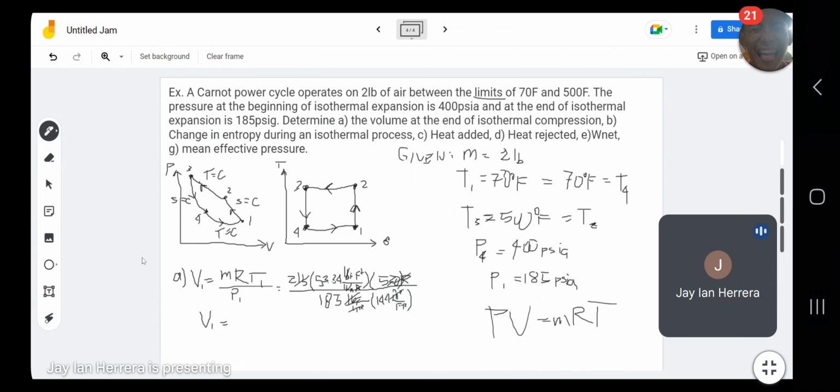Okay, so paki-complete nga. Total is 53.34.